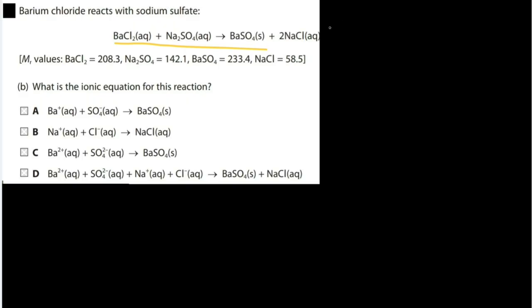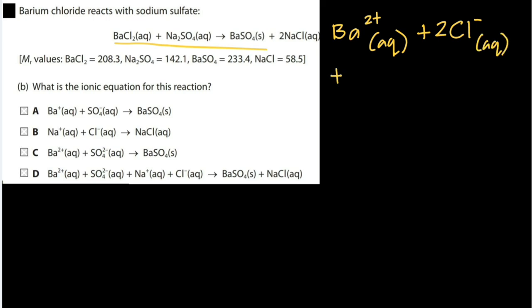So this reaction would become, okay, barium, the charge is 2 plus, and then we dissociate barium chloride. So this is plus chloride ions, and that is 2 moles of that. Then the sodium sulfate, so that is 2 Na plus, and then the sulfate, this is SO4 2 minus.